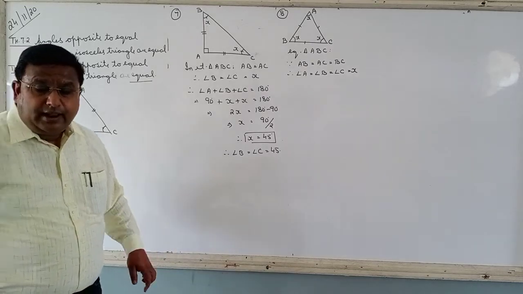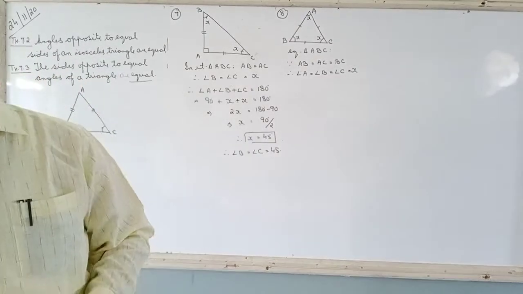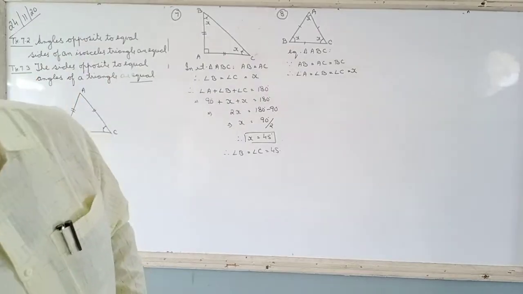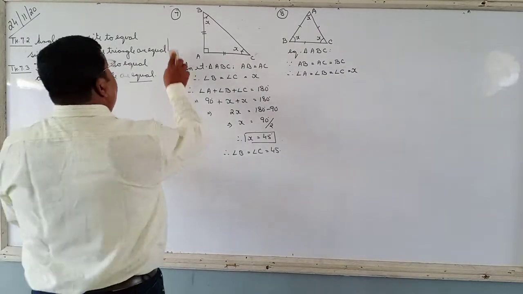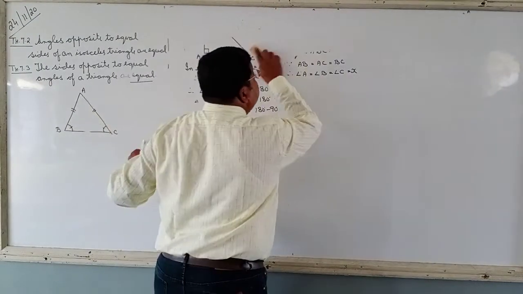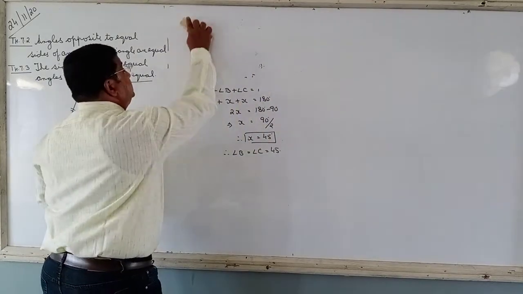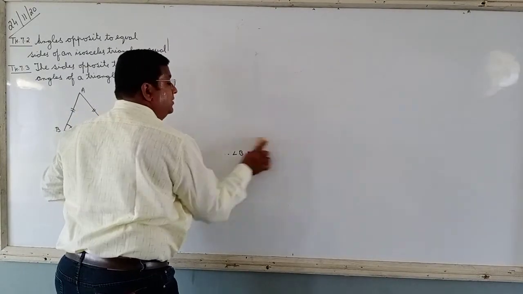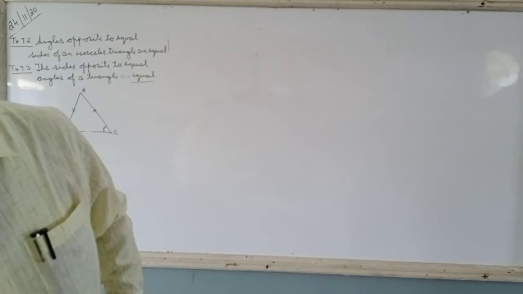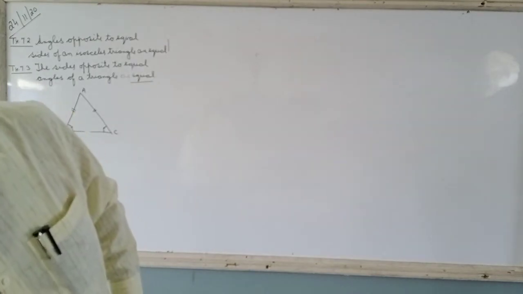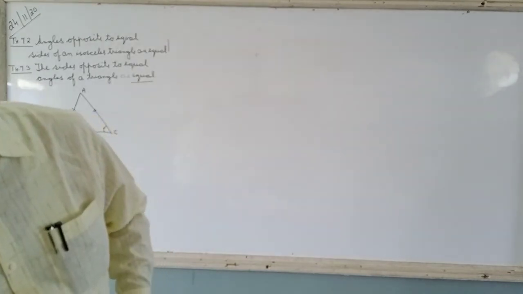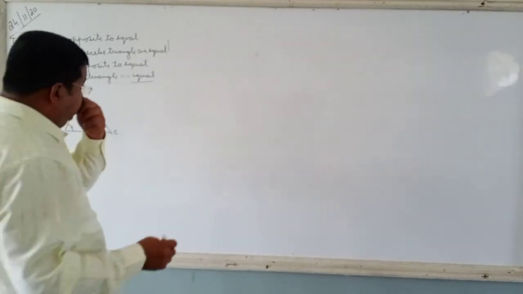Clear? Correct? Take a look at question number 6. Figure is given to you. You just have to prove it. In question number 6, he says, in the given figure, ABC is an isosceles triangle with AB equal to AC.